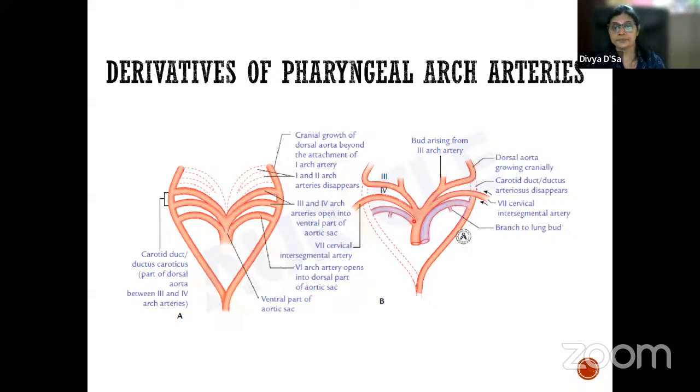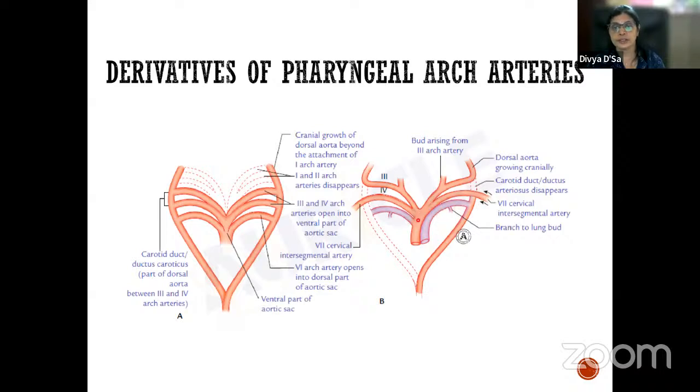Then there will be a small communication between the internal carotid and the lower part of the dorsal aorta. Later on, that is known as the carotid duct or ductus caroticus, which later disappears.